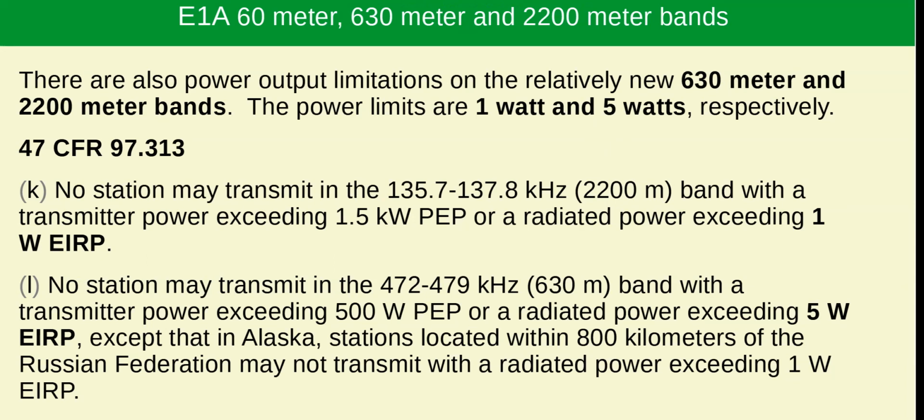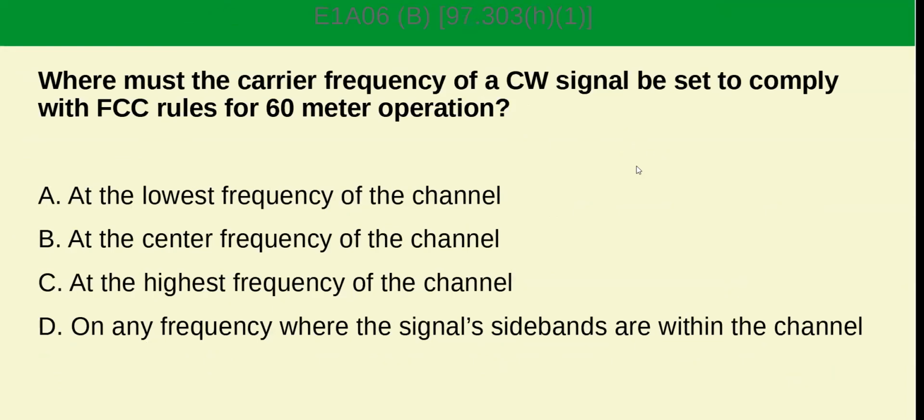Within 496 miles of Russia, the power limit is 1 watt, which is 2200, not 630. See, 2200 says 1 watt. Okay, I got them backwards here. Yeah, you got them backwards at the top, but the question you were on just happened to be Alaska. The question and answer's right, I just had it wrong here. All right. Sorry about that.